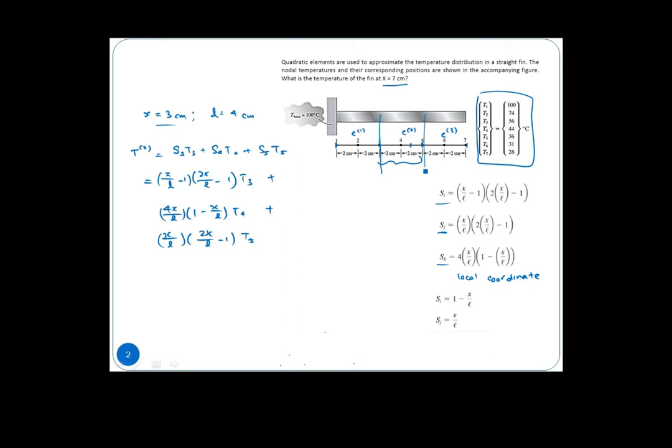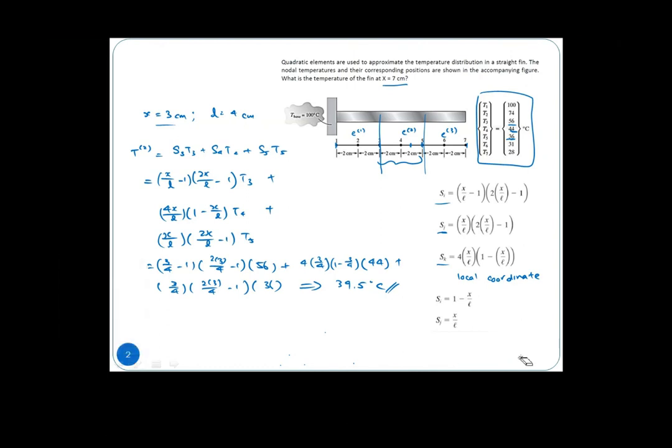So we have 3 over 4 times 2 times 3 over 4 minus 1, then T3 is 56 degrees, plus 4 times 3 over 4 times 1 minus 3 over 4, multiplied by T4 which is 44, plus 3 over 4 times 2 times 3 over 4 minus 1, then T5 is 36. So it gives us T is 39.5 degrees.